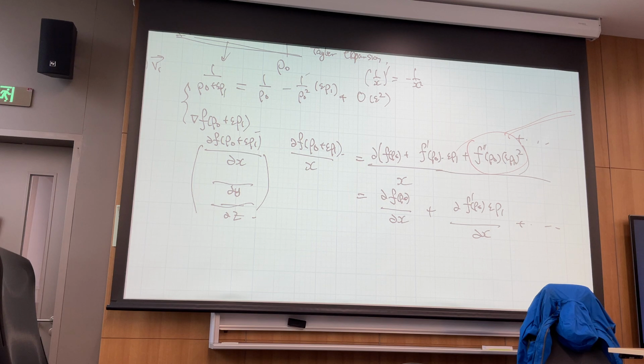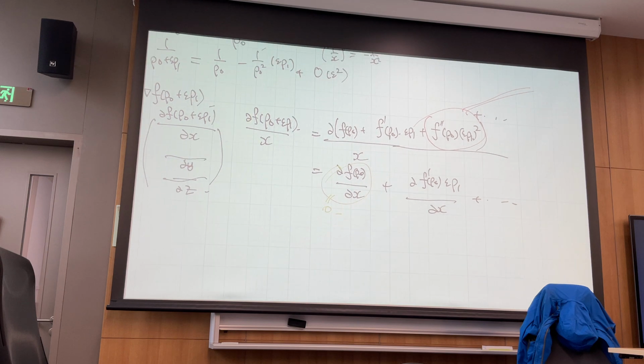Why is it 0? Rho 0 is a constant, therefore f of rho 0 is also a constant, and the partial derivative of a constant with respect to x is 0. For the second term, f prime rho 0 is also a constant, because it is f prime evaluated at rho 0, and epsilon is also a constant.